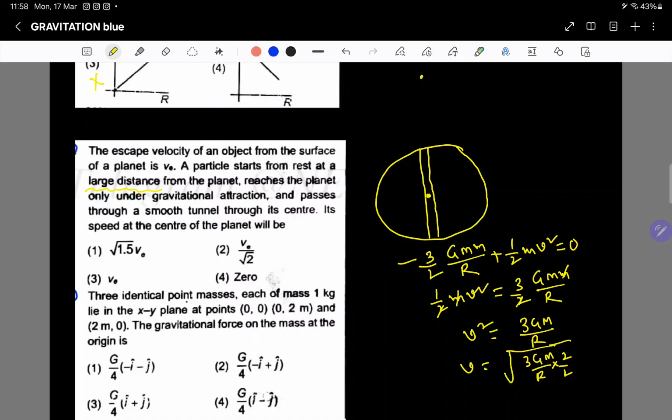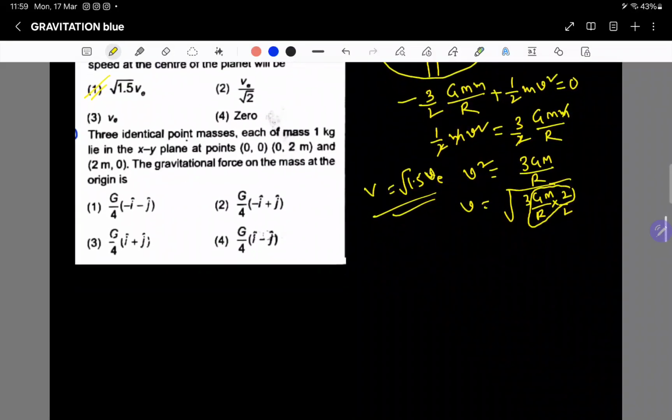So finally V equals root 1.5 times the escape velocity. 2GM by R is the escape velocity, and the extra 3 by 2 gives root 1.5. I think everyone is clear? Simple calculation only. So the answer is root 1.5 times VE.